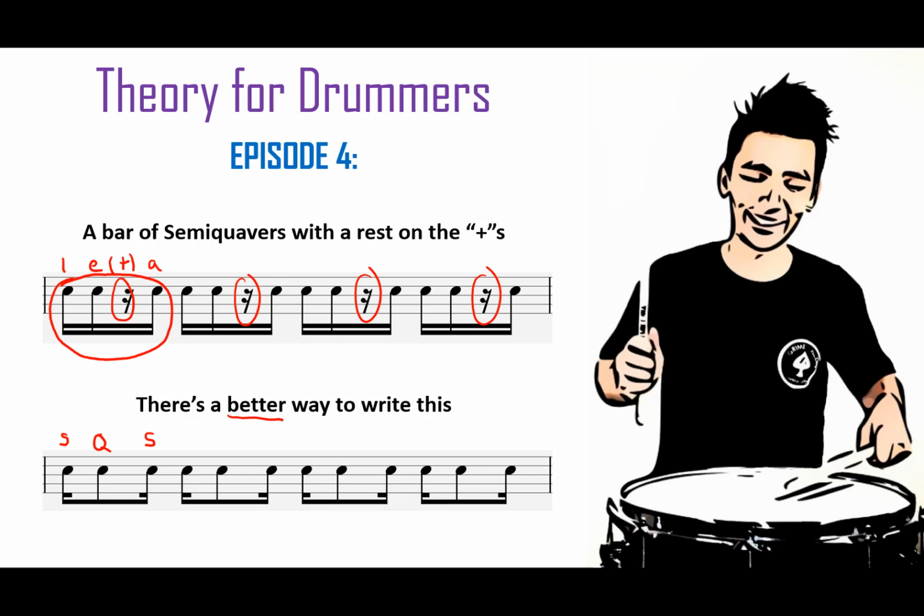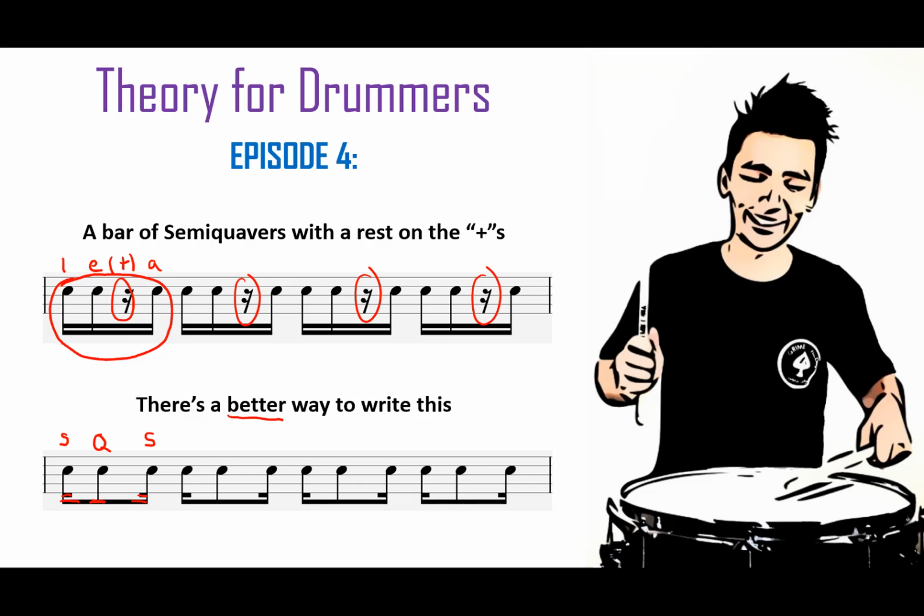The first note is a semiquaver because it has 2 horizontal bars coming off it. The second note is a quaver because it only has 1 horizontal bar coming off it. And the third note is a semiquaver because it has 2 horizontal bars coming off it.